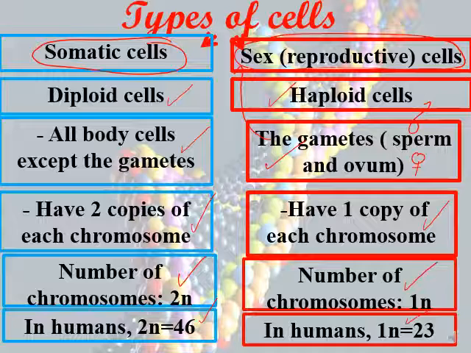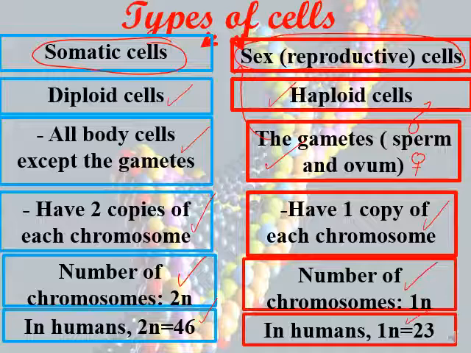Let's repeat them. So somatic cells, they are diploid cells, all the body cells except gametes, whereas the sex cells, they are haploid, the gametes only the sperm and the ovum. In the somatic, we have 2 copies of each chromosome, whereas in the sex cells, we have 1 copy of each chromosome.